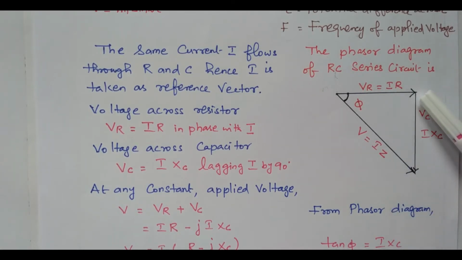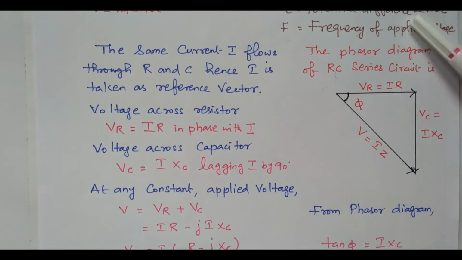Here the voltage is lagging the current, so it is given in the downward direction. In case of an RL circuit, the voltage is leading the current, that is, the current is lagging and the voltage is leading. In that case the inductive reactance will be drawn in the upward direction.